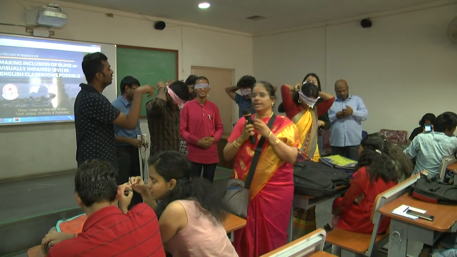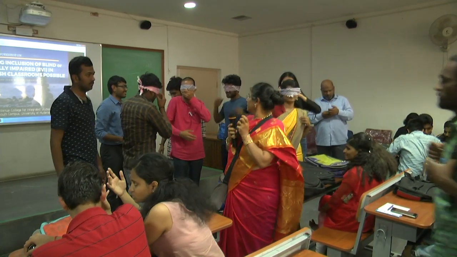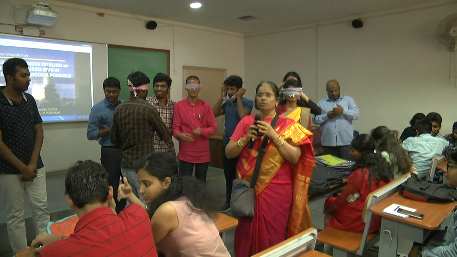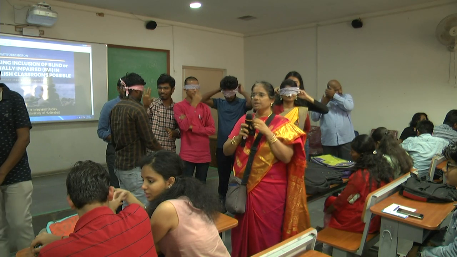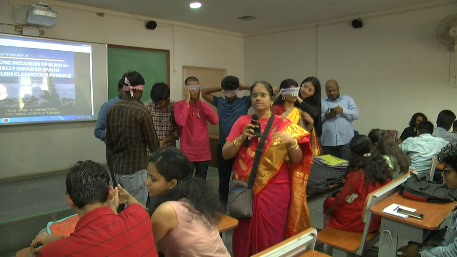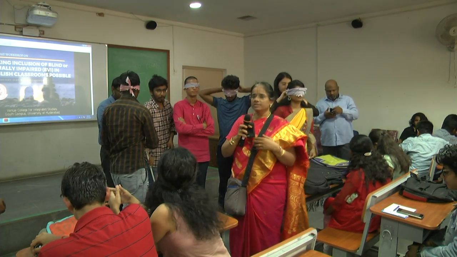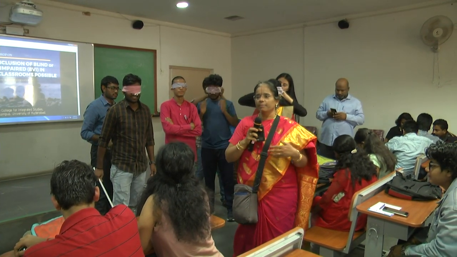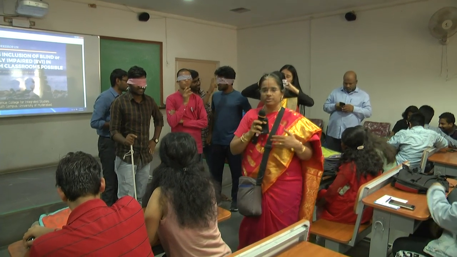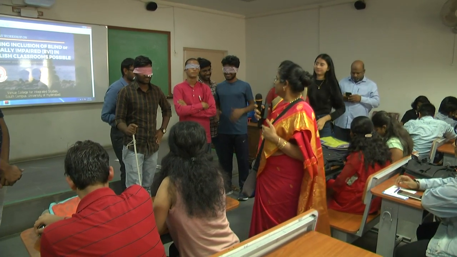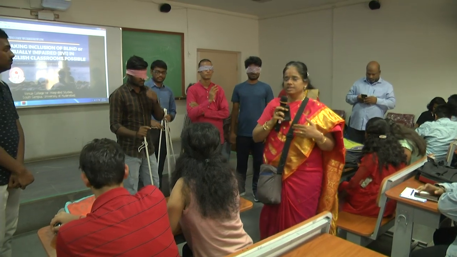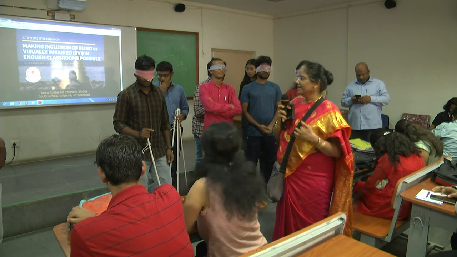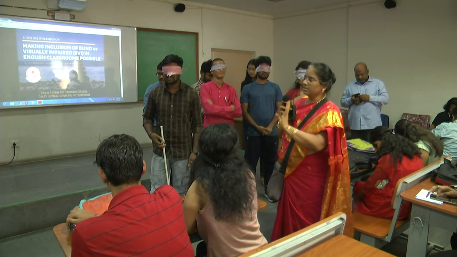What we are doing right now is trying to give them an experience of what it is like to be in a classroom situation like this without sight. They've been sitting in this room for 2 days now, and they think they know their place and their way around. With one person helping them, we are just going to disorient them by changing their directions. We'll start inside the classroom.